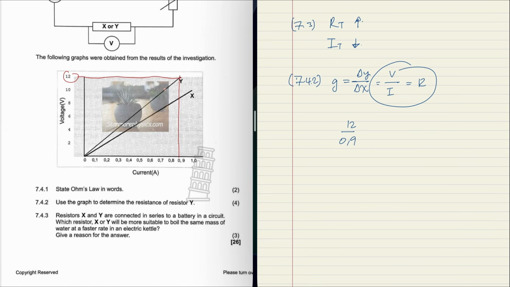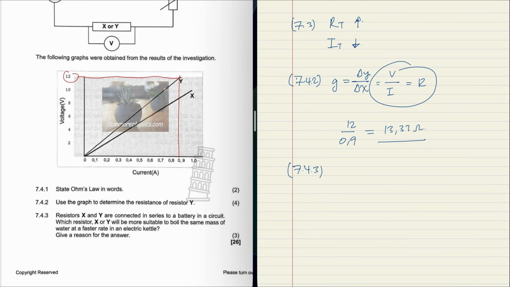You can do y2 minus y1 over x2 minus x1. It's going to be the same thing because the other coordinate is 0, 0. So that's going to give us 13.33 ohms.